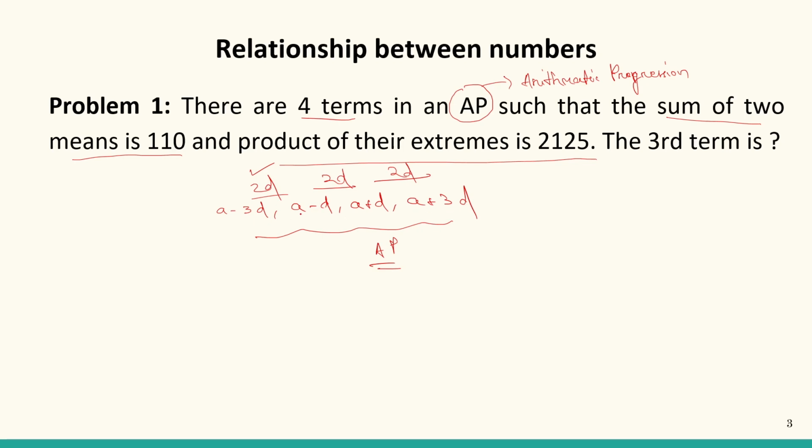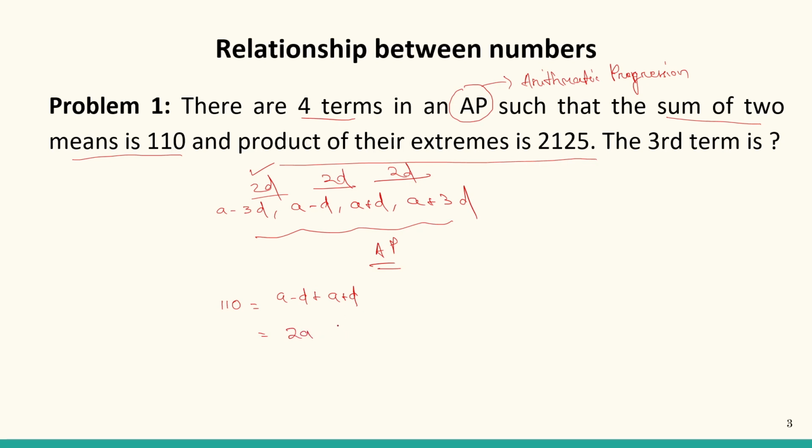Given that the sum of two means is 110, so 110 is equal to a minus d plus a plus d, which is equal to 2a.